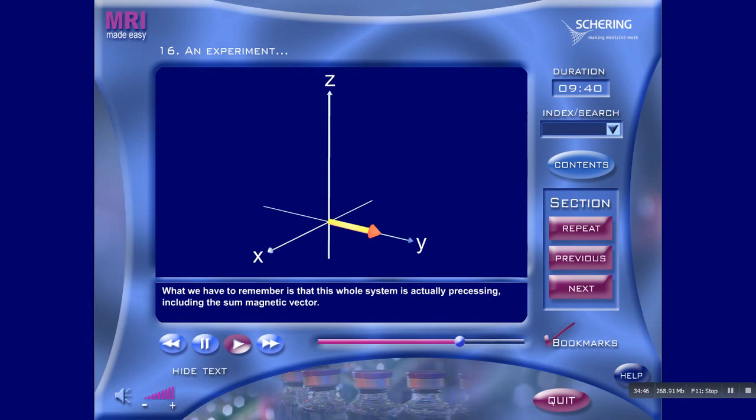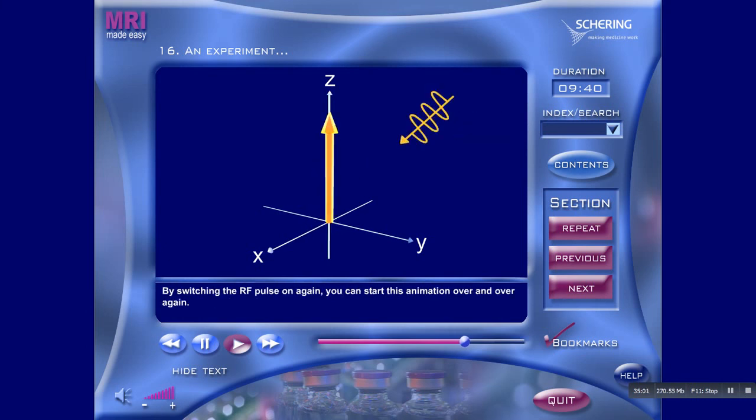And thus, after the RF pulse is switched off, the sum vector will actually perform a spiraling motion. By switching the RF pulse on again, you can start this animation over and over again.